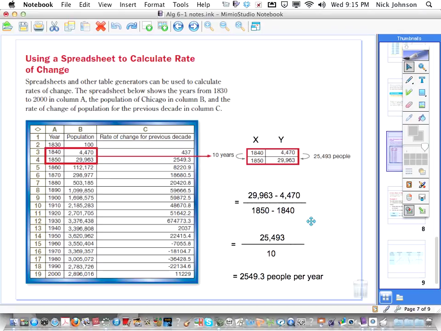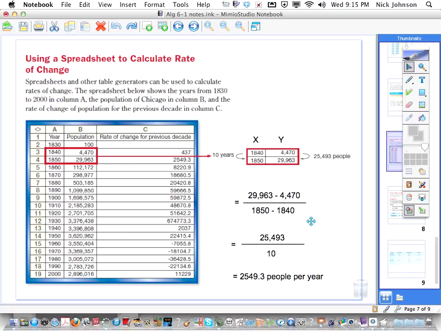So, 29,963 minus 4,470 divided by 1850 minus 1840 equals 25,493 divided by 10.